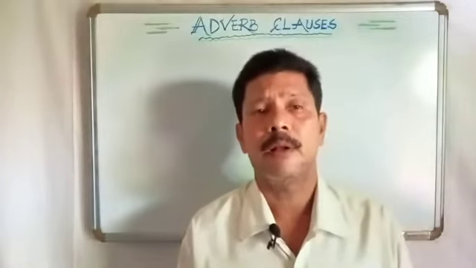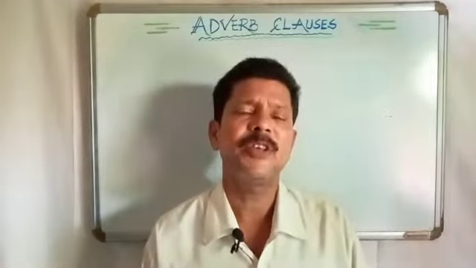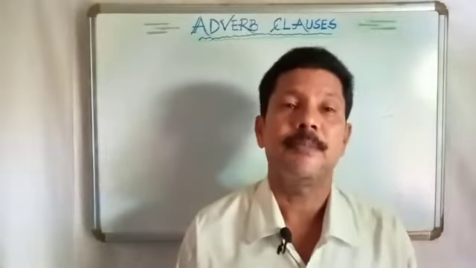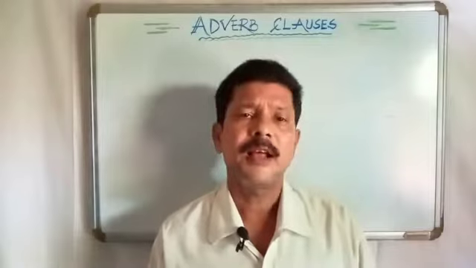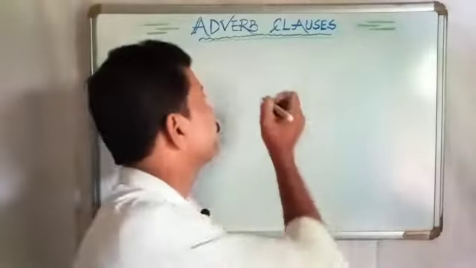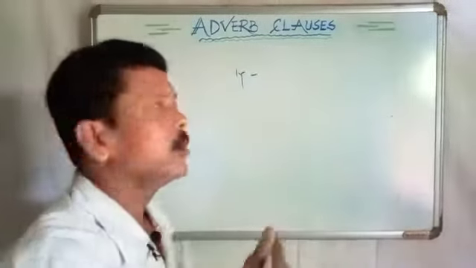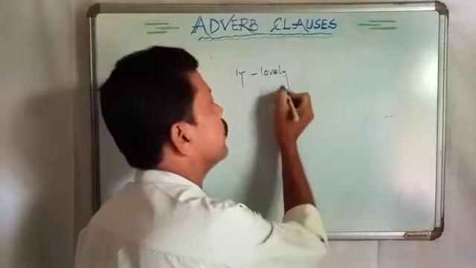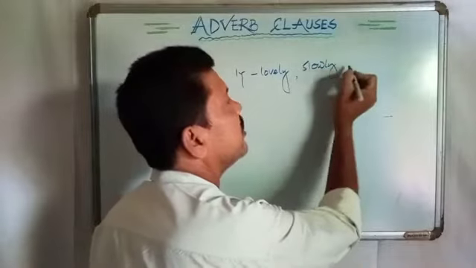But how can you determine an adverb? Generally we find ly. There are certain adverbs that end in ly. Suppose lovely, slowly, nicely.